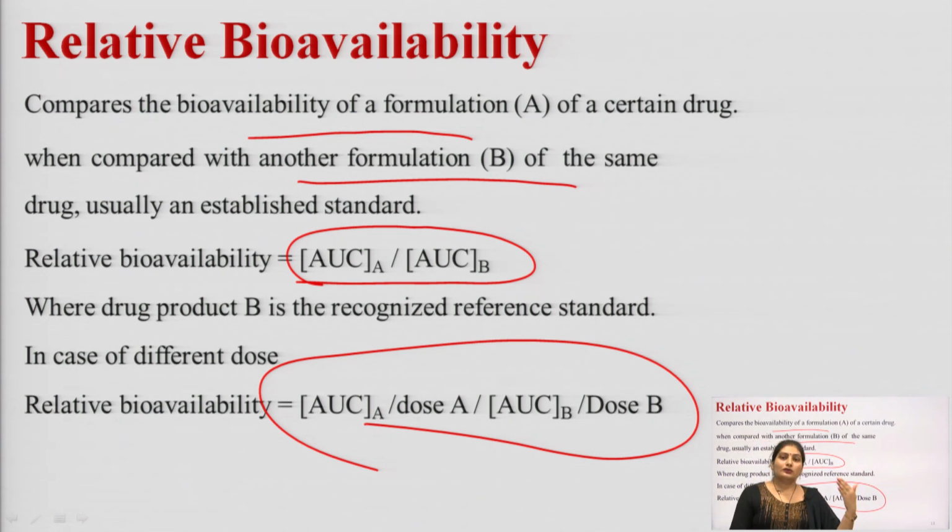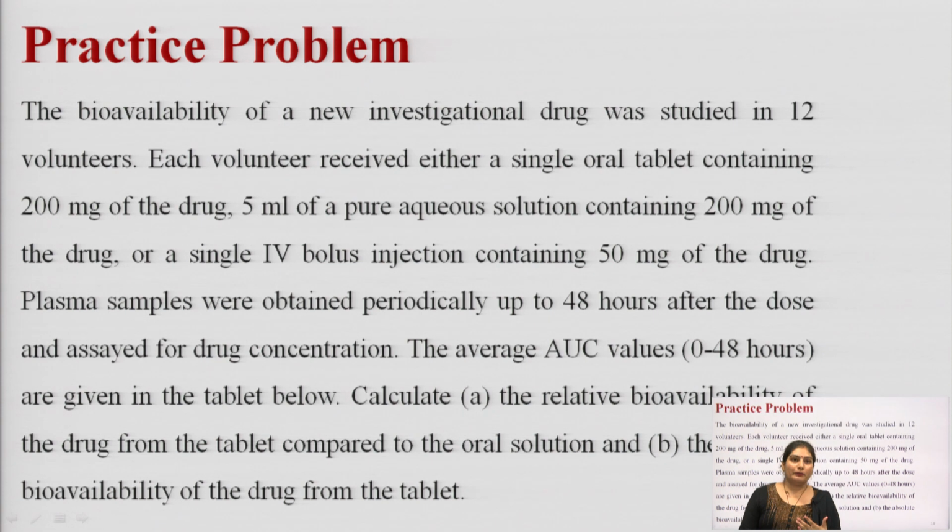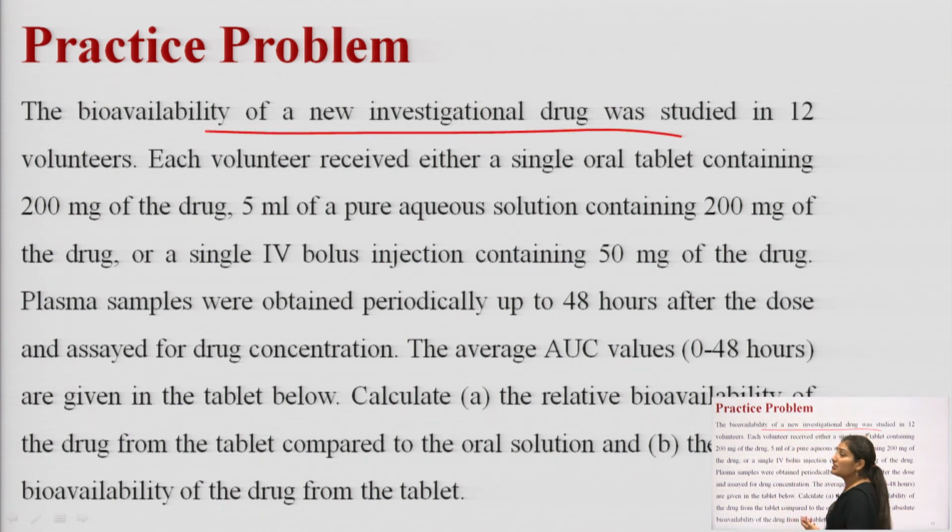So, to get a clear understanding of absolute and relative bioavailability, we have a practice problem. The bioavailability of a new investigational drug was studied in 12 volunteers, and each volunteer received a single oral tablet containing 200 mg of the drug, or 5 ml of a pure aqueous solution containing 200 mg of the drug, or a single IV bolus injection containing 50 milligram of the drug.